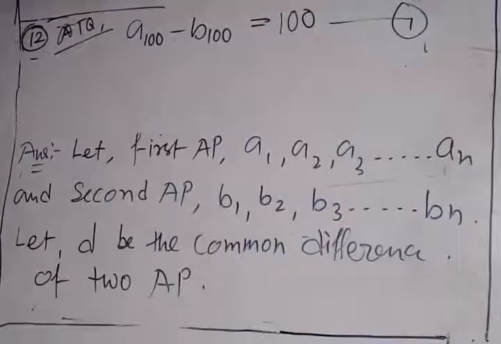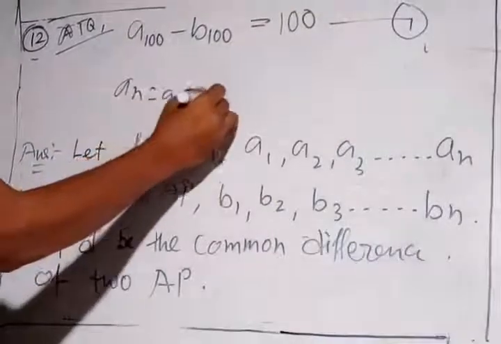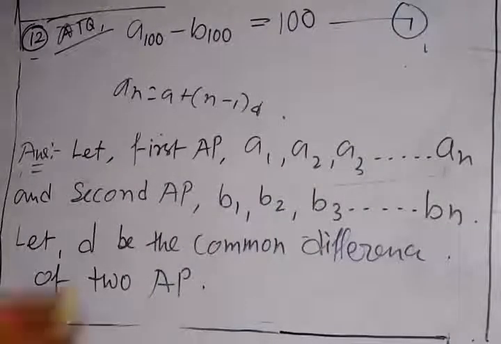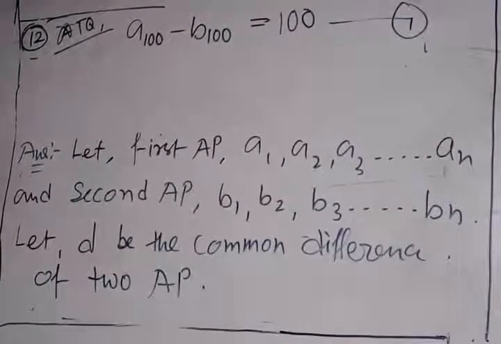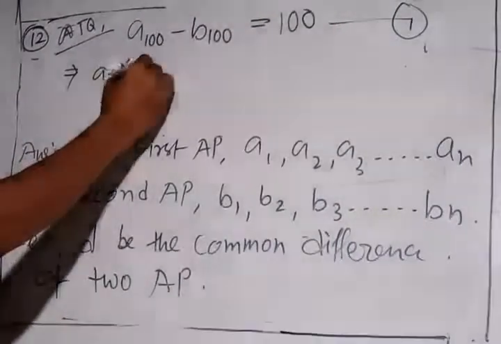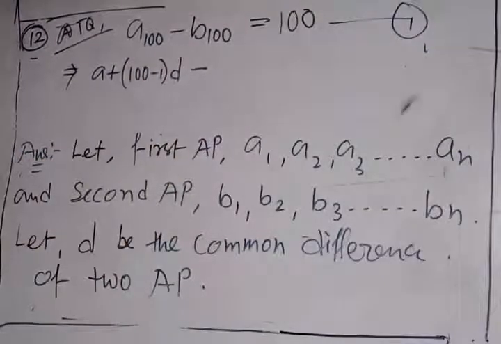Now A100 means what? If AN is equal to A plus N minus 1 D, then A100 will be A plus 100 minus 1 D. So in place of A100, we'll write A plus 100 minus 1 D, minus B100.